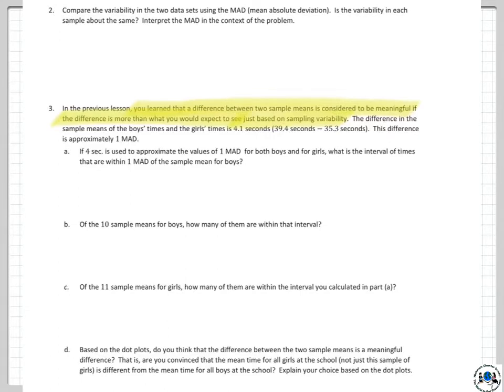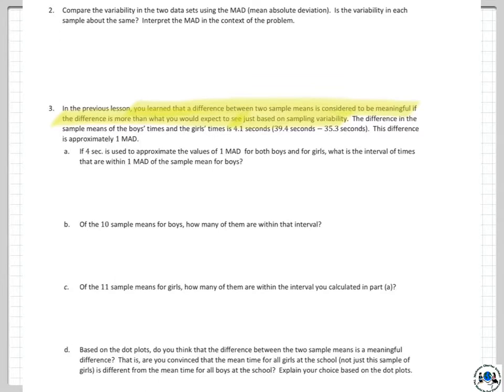Things can be different based on sampling variability, but if it's different enough, then you know that you are getting close to some real results.